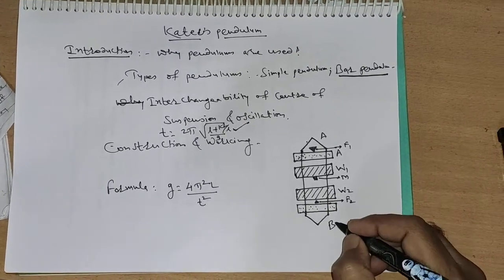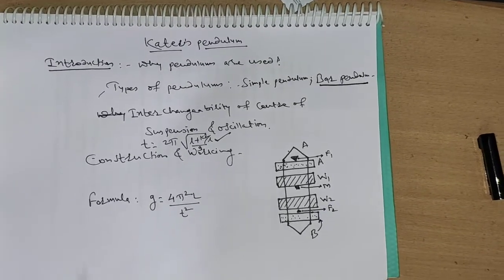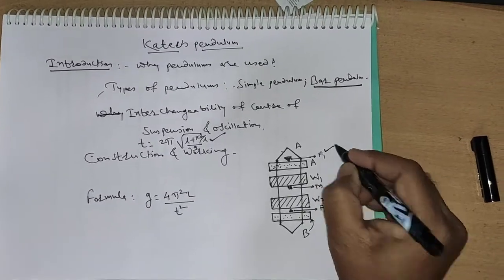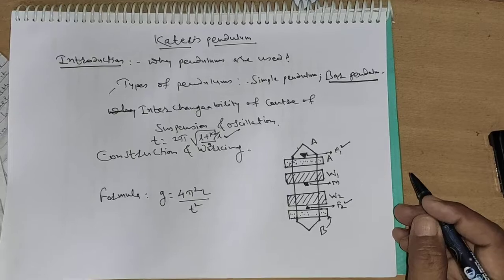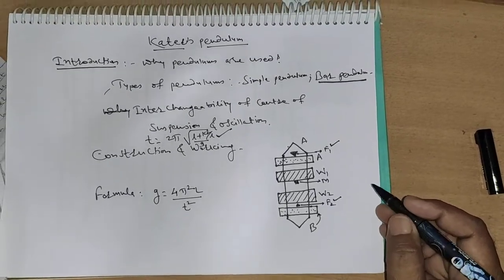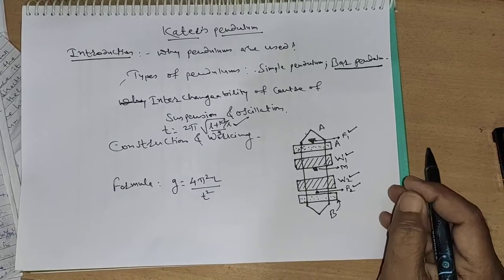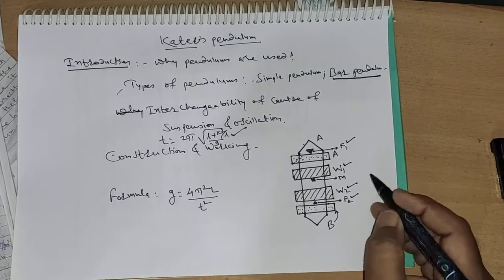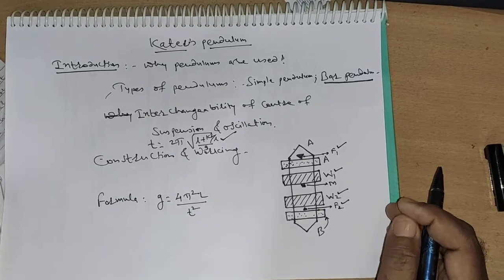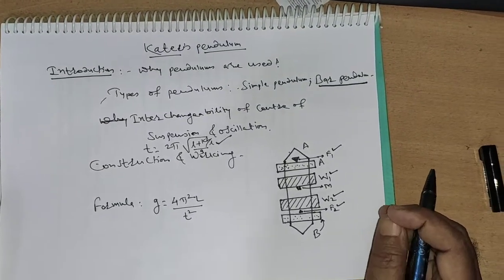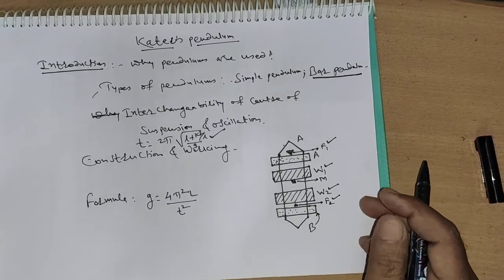F1 and F2 are the knife edges used to suspend the pendulum from the rigid support, and W1 and W2 in this diagram are cylindrical wooden weights, smaller than B, and W2 is smaller than W1.